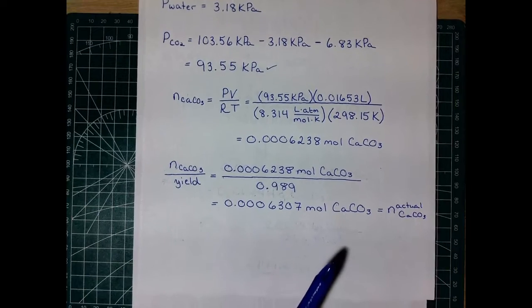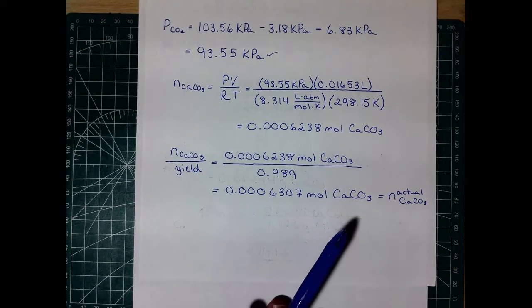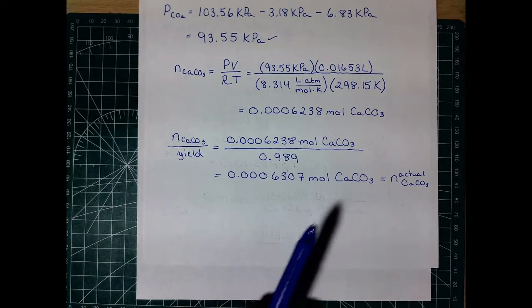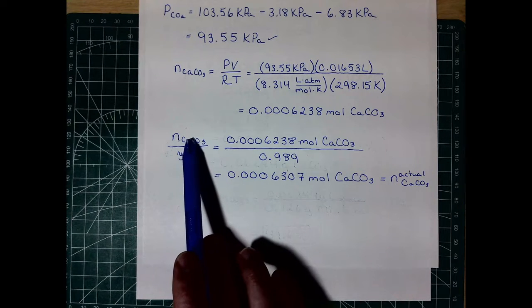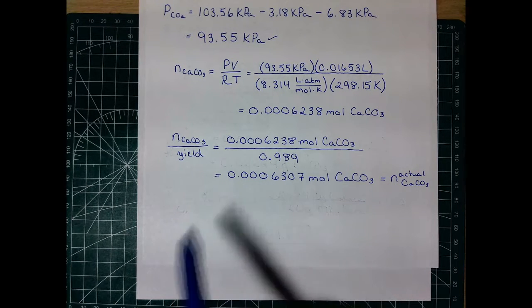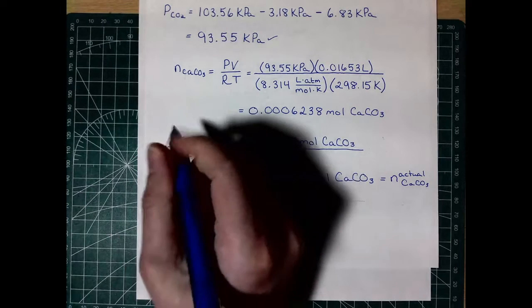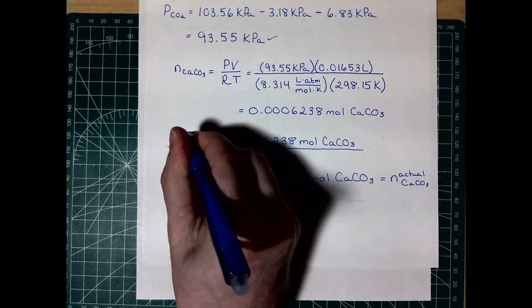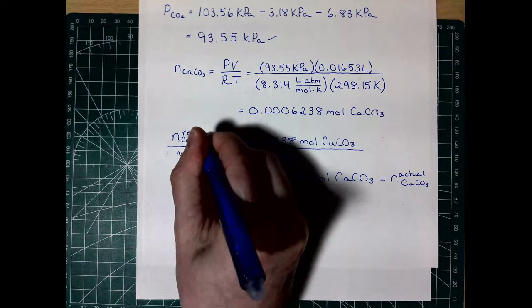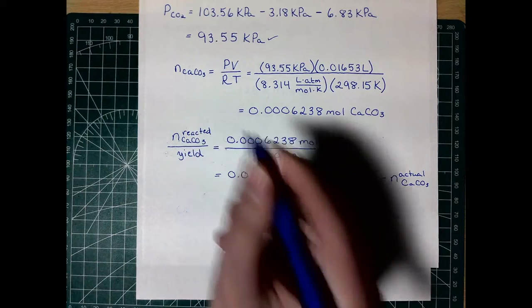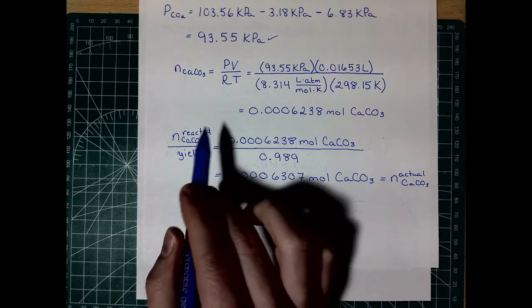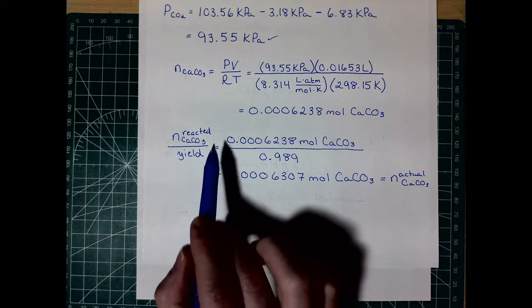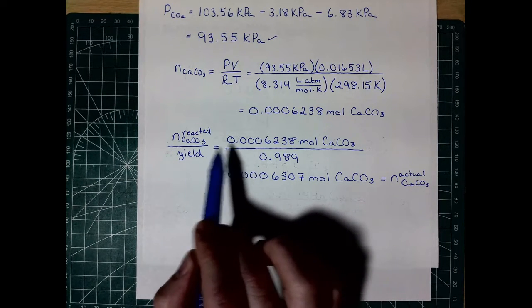I'm then going to use the equation that I spelled out in the book to convert the number of moles of reacted calcium carbonate to the number of moles of actual calcium carbonate by dividing by the percent yield and multiplying by 100%.